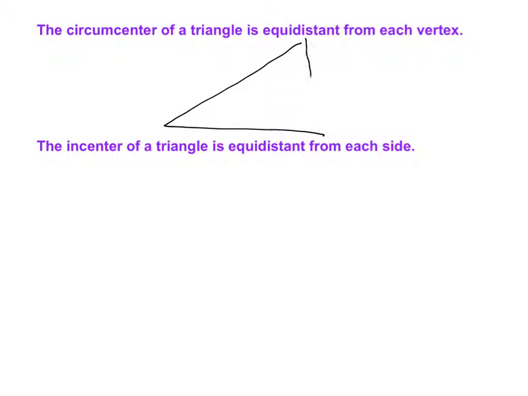Now we have two more conjectures. The first says that the circumcenter of a triangle is equidistant from each vertex. The circumcenter again is found using the perpendicular bisectors. On this triangle it looks something like that. These are all perpendicular, and as you can see, if that's the circumcenter, the distances there, and there all look about equal.